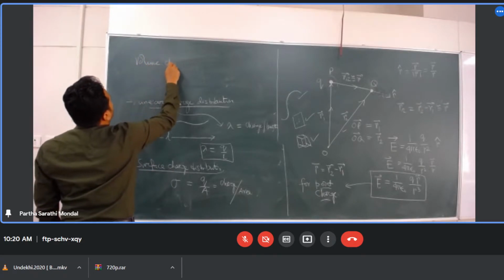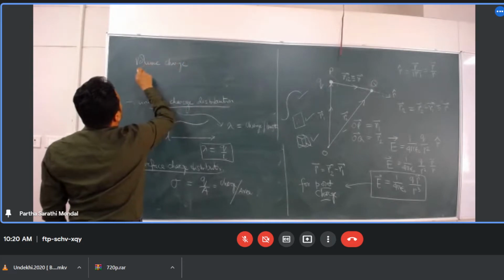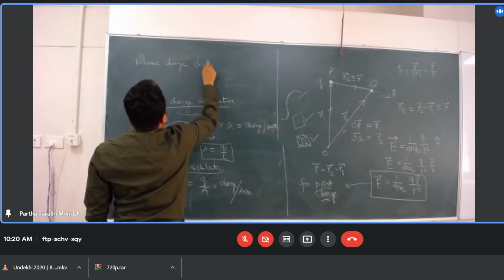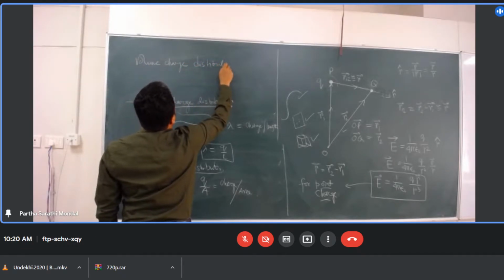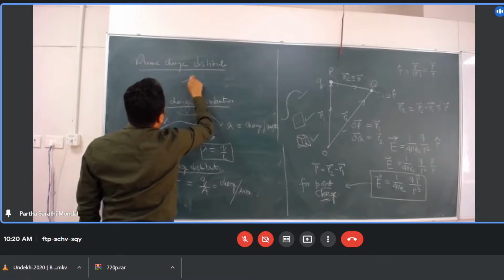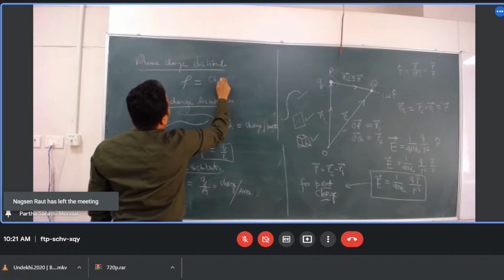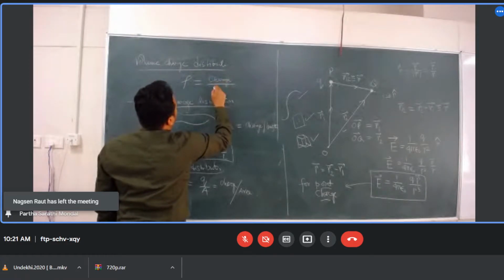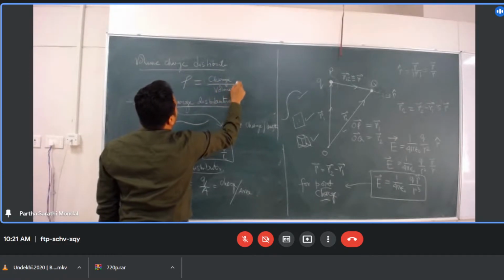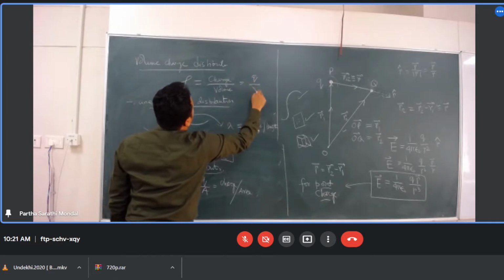If I talk about volume charge distribution, then we simply say rho, which is actually charge per volume. मतलब Q divided by volume.